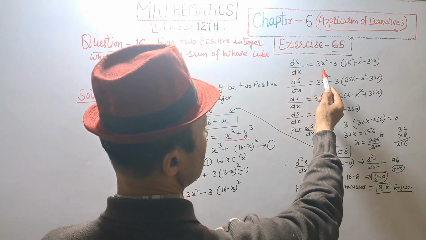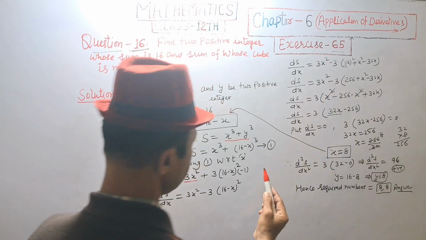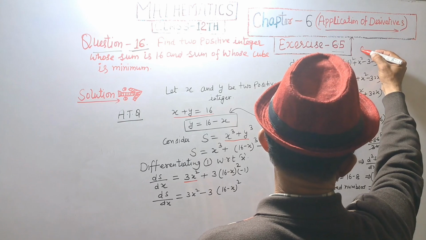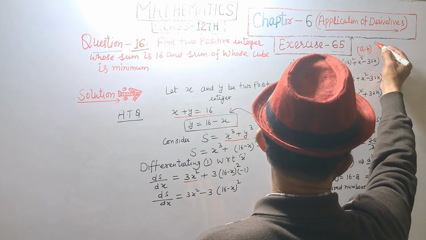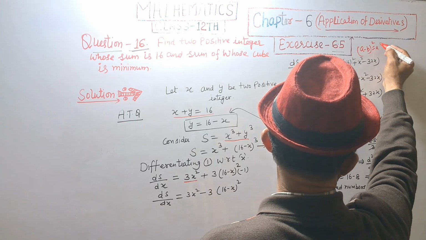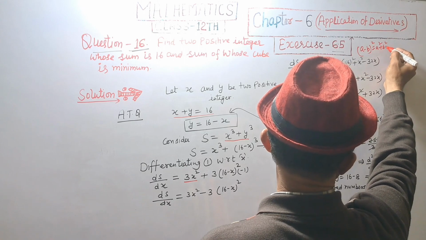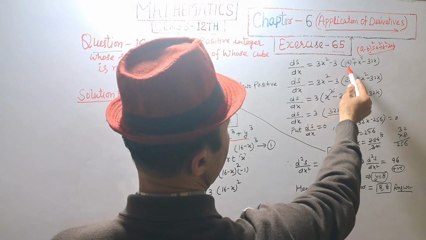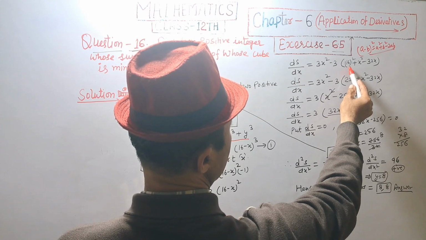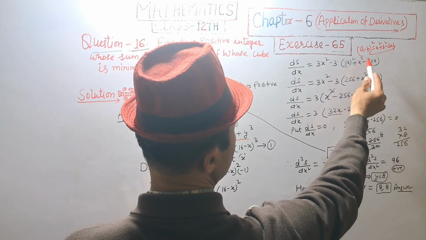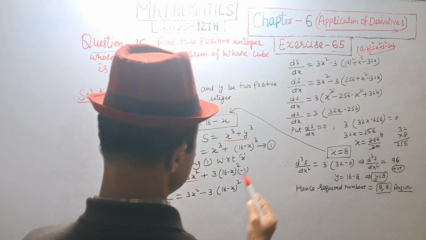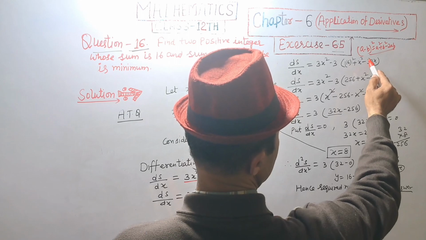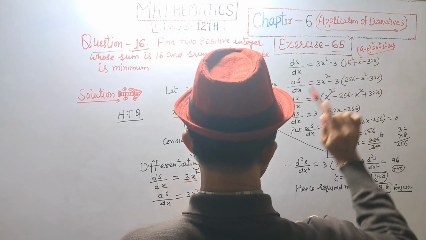dS upon dx we get 3x square minus 3 into (a minus b) raised to power 2, which is equal to a square plus b square minus 2ab. We are applying this formula: 16 raised to power 2 plus x square minus 2 into 16 into x, which is 32x.